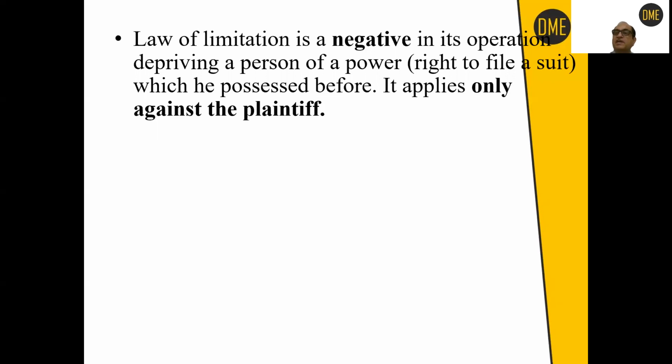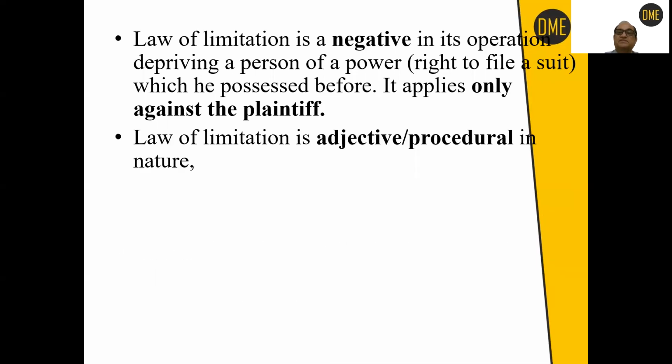If I have not filed the suit for the long period from the date of the cause of action till the expiry of the period of limitation, say 3 years or 12 years, it goes against me. So the entire Limitation Act is a negative remedy which operates only against the plaintiff.